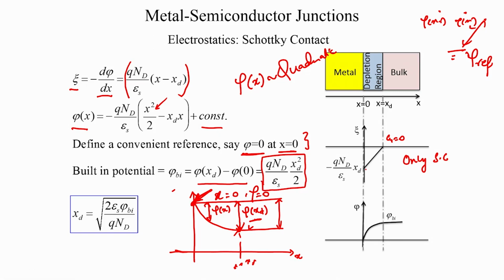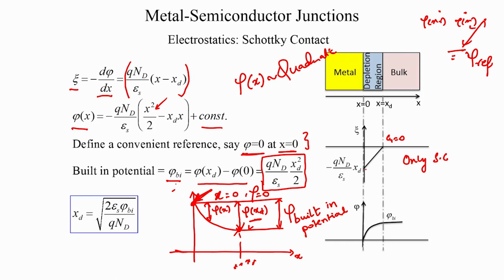And this has a special meaning, it is called the built in potential of your device, and we will denote this with a special symbol phi bi.